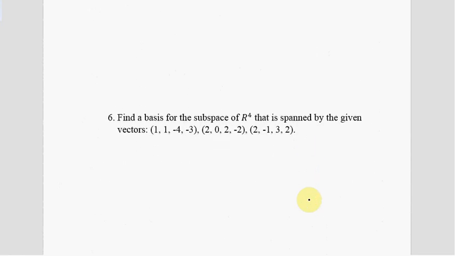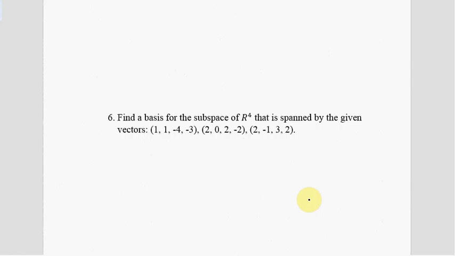Find a basis for the subspace of R4 that is spanned, this is number 6, by the given vectors here. Now, this question is misleading because these vectors do not span R4. Because to span R4, you have to have 4 vectors. I have 3 vectors, so they don't span R4.